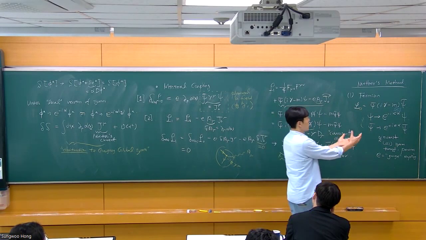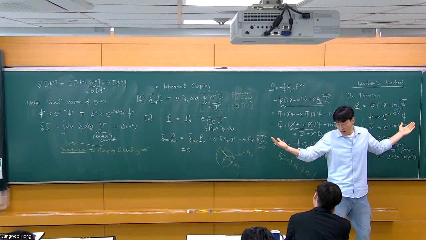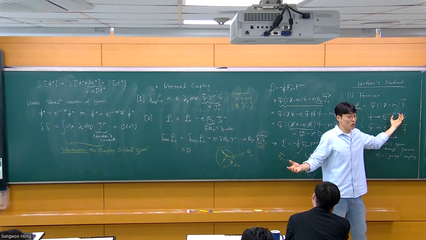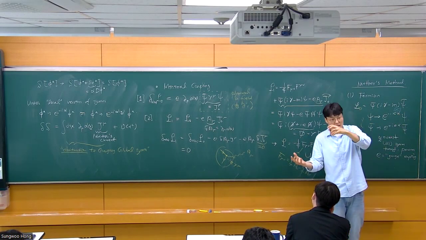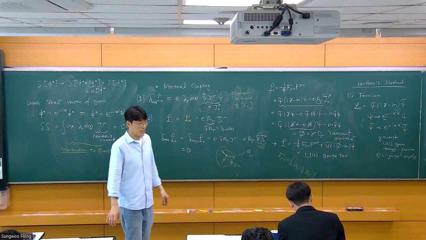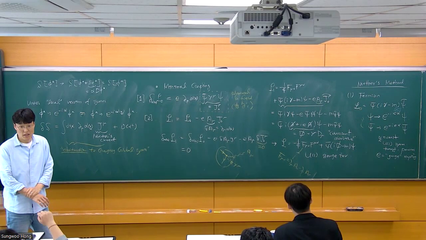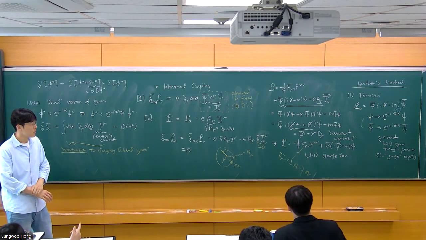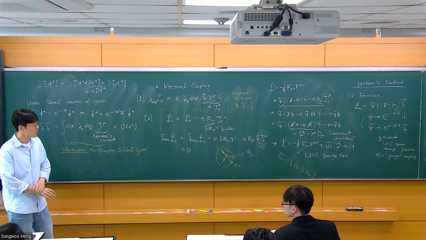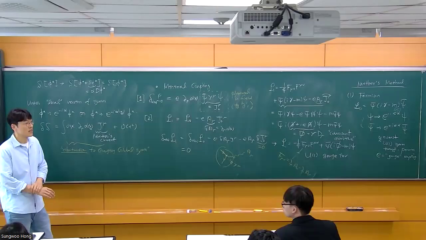In that sense, I had a global alpha, and I'm turning this into a local version of that, alpha of x. So I said that I'm gauging that global symmetry and turning that into gauge invariance. So we gauge the U1 symmetry, so that means you cannot have a Noether current for that U1 symmetry. Am I right?